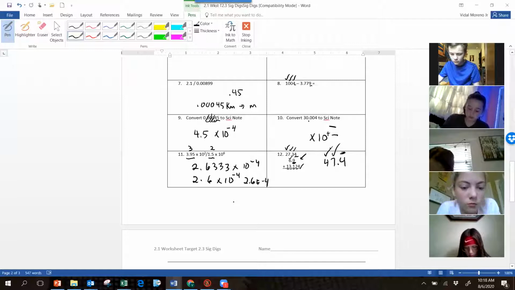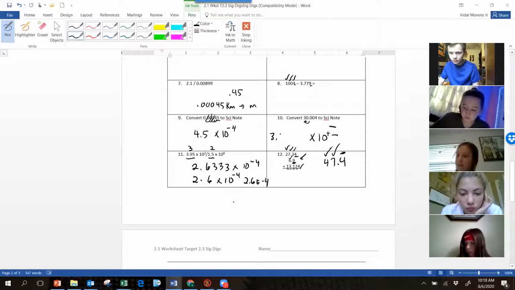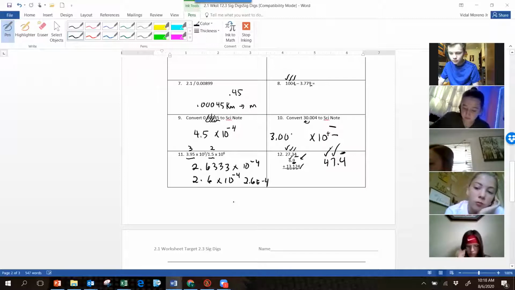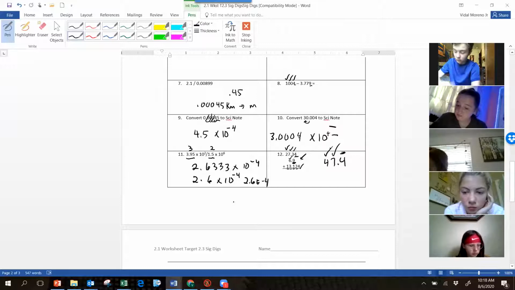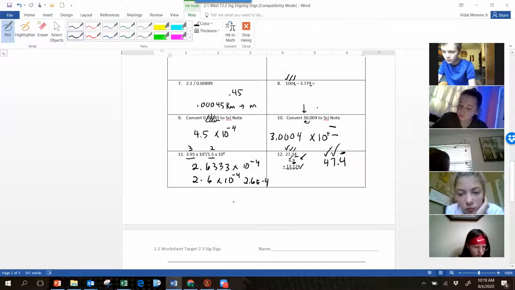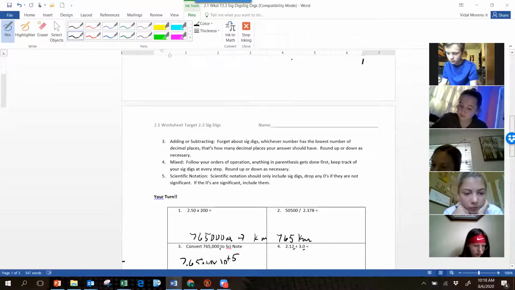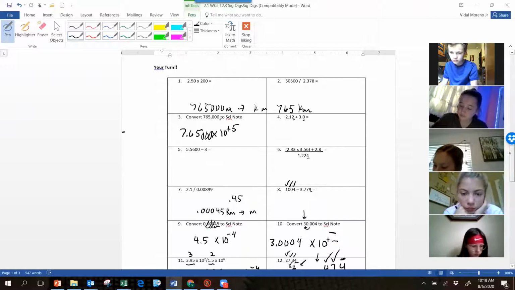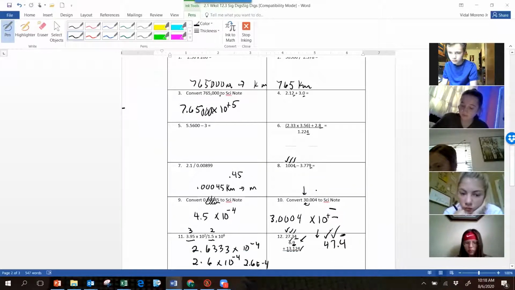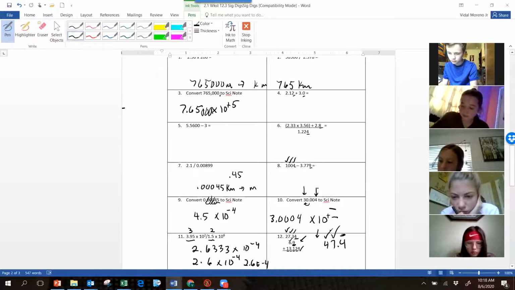One jump gets us there. And we have to include those zeros because they're between real numbers, and any zero between real numbers is measured. And this is to the first.